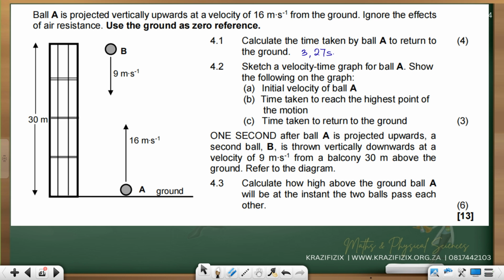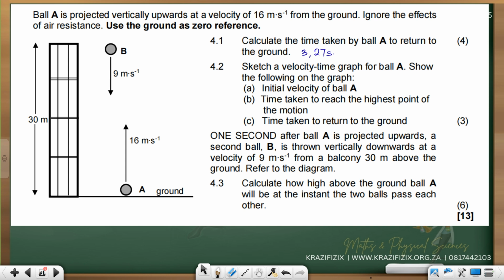The first thing you need to do here is pause and read again. 1 second after ball A is projected upwards. Okay, hold on. What does that mean? We threw ball A upwards, waited for 1 second, then we threw ball B down. So ball A is going up and ball B is moving where? Down, from a balcony 30 meters.